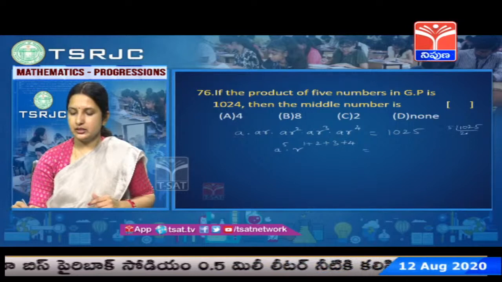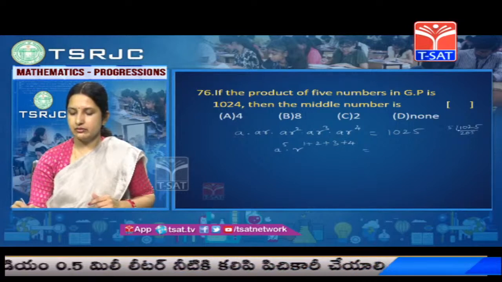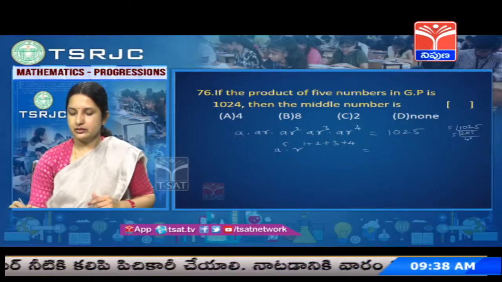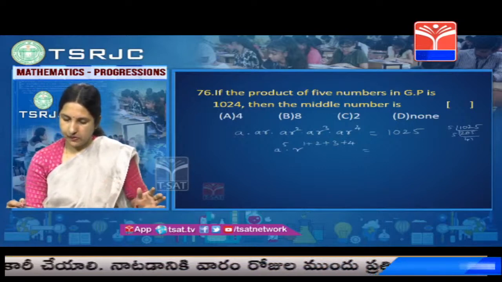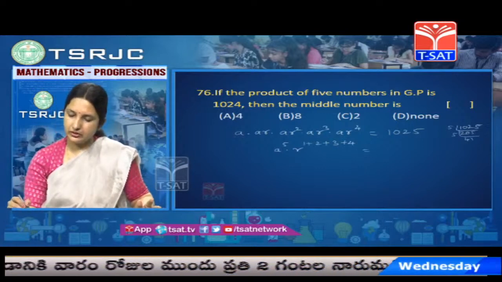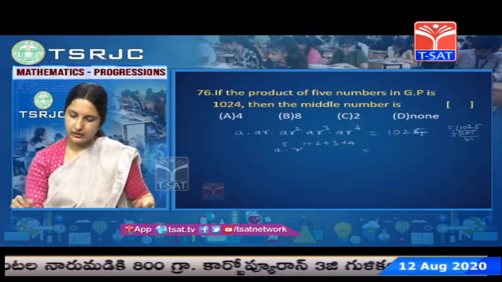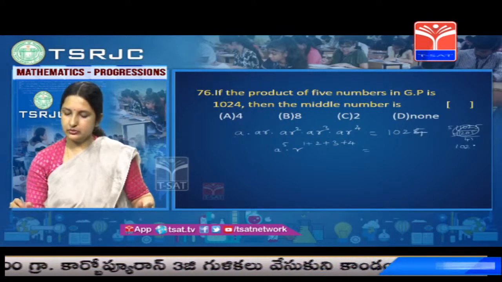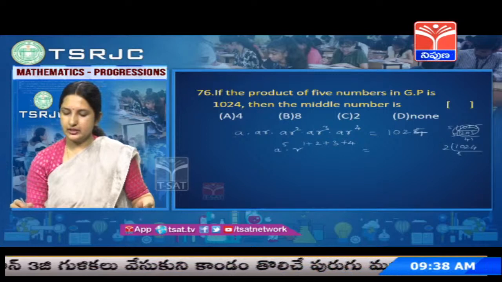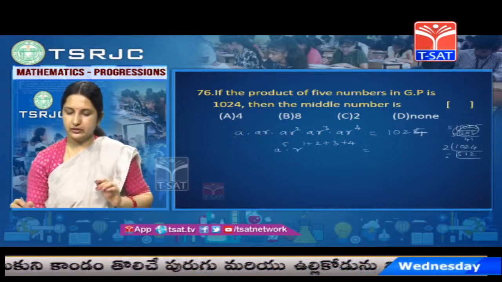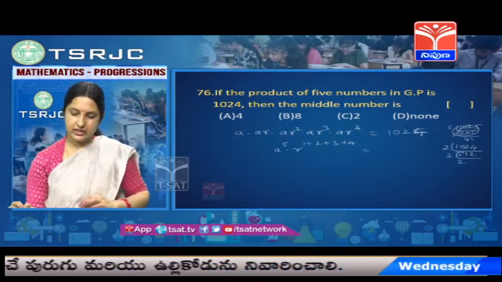Now 1024 is there. Two 5s are 10, two 2s are 4, 1 is left.